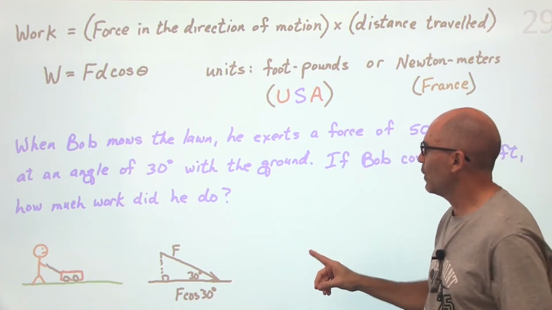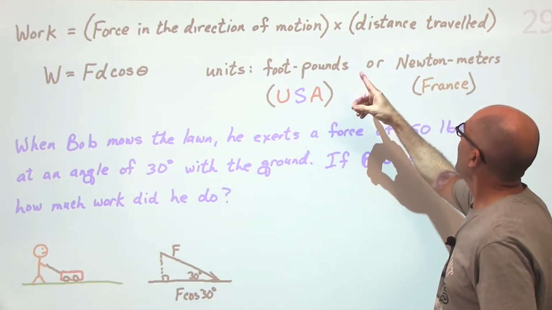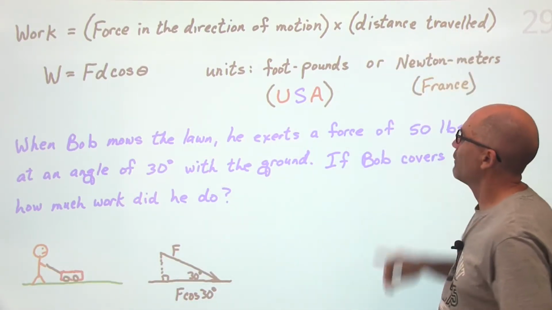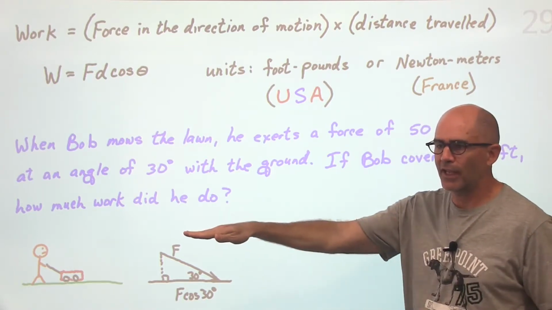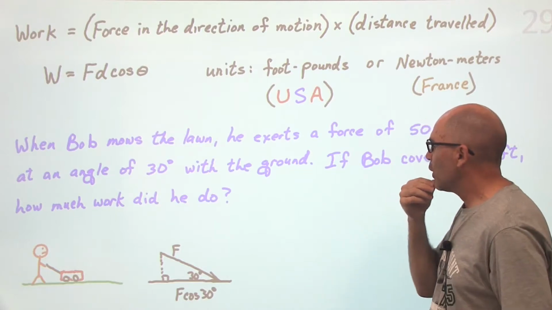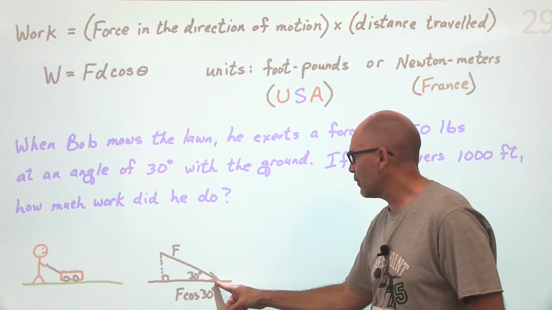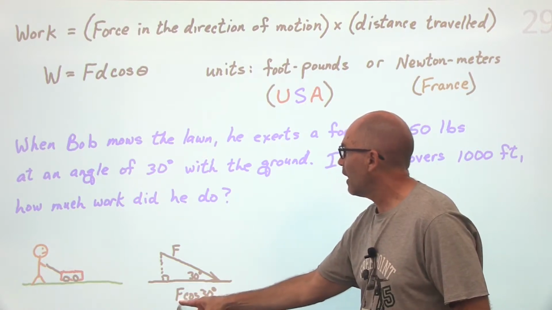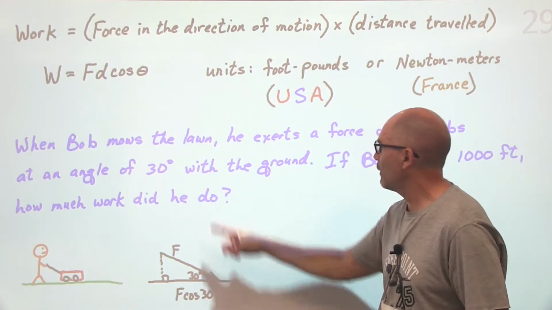The work he's doing is just pushing the lawnmower in the direction traveled. It's not traveling downward, it's only traveling along the ground. So this force in the direction traveled is the force of his 50 pounds times cosine of the 30-degree angle.